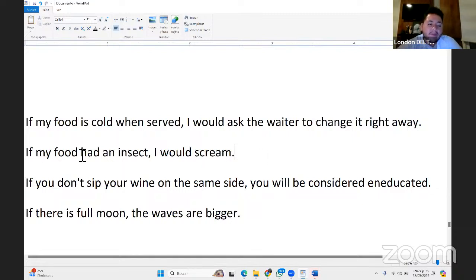So for making this supposition, you use had. If my food had an insect, the verb is not in the past because the sentence is in the past, right? The sentence is not in the past, but it makes the sentence sound like it's just a supposition, right?